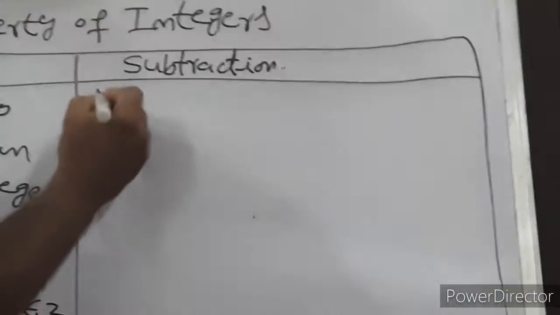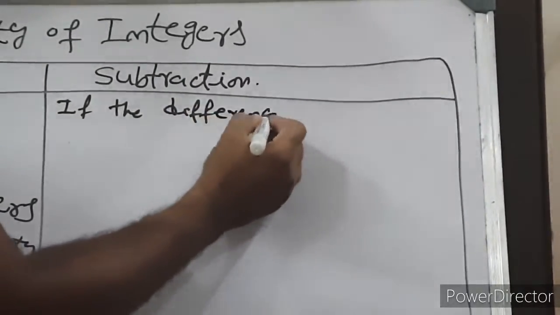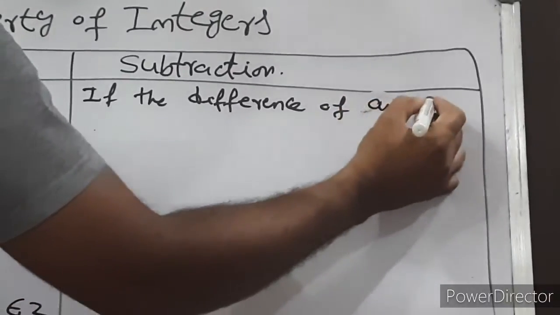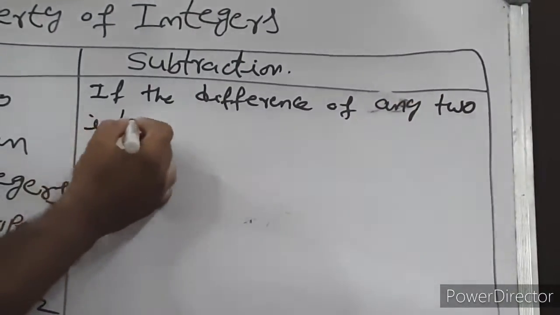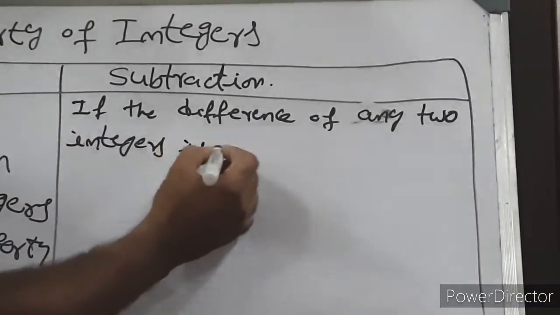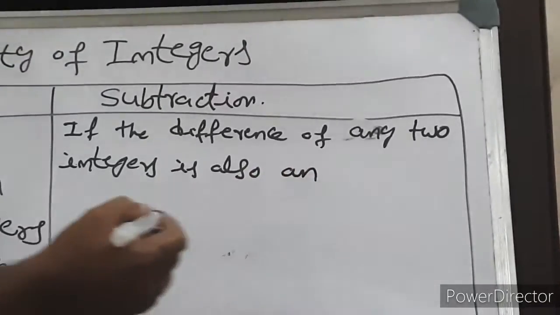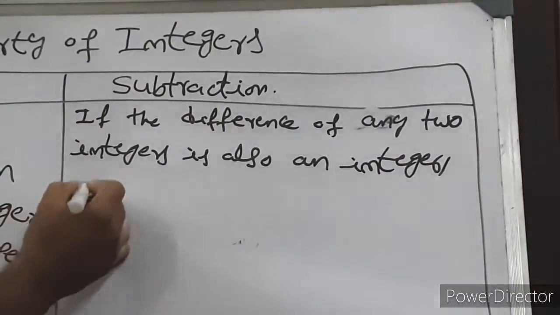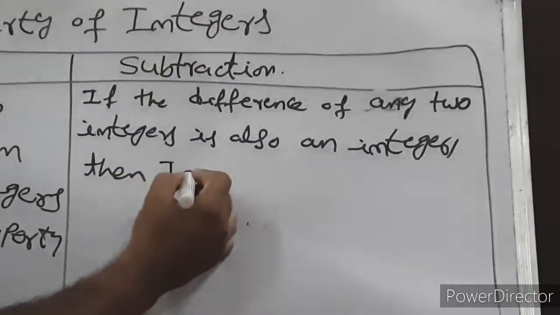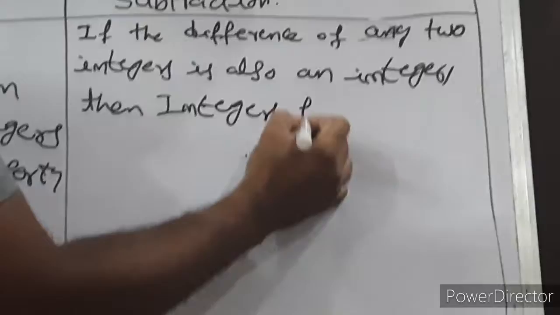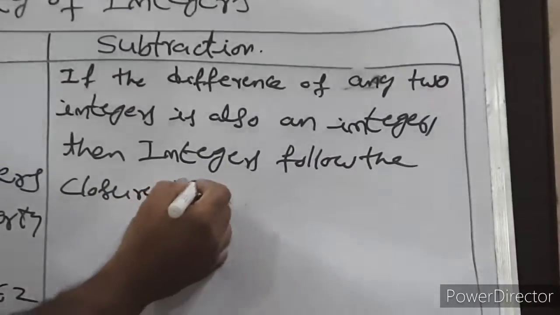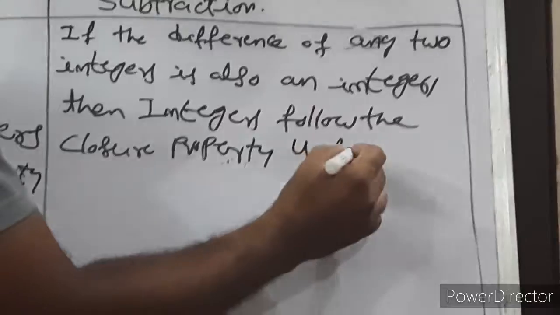That means if the difference of any two integers is also an integer, then integers follow the closure property under subtraction.